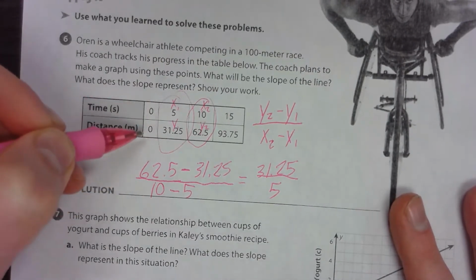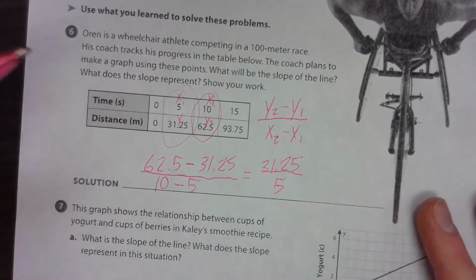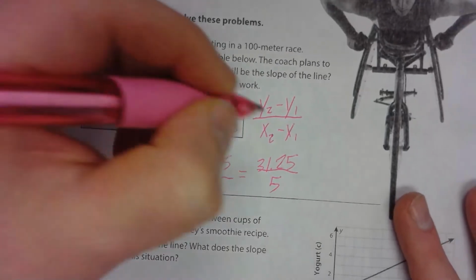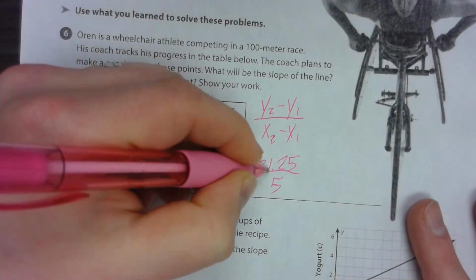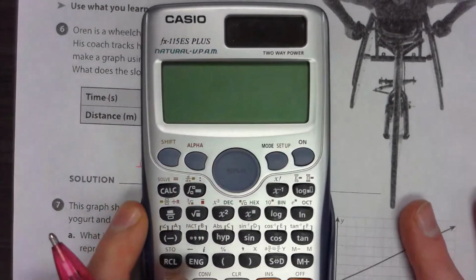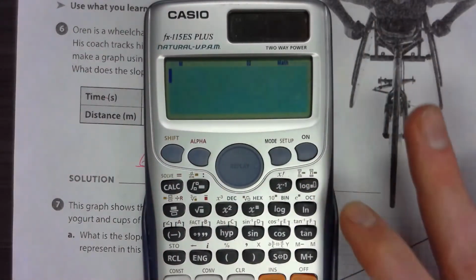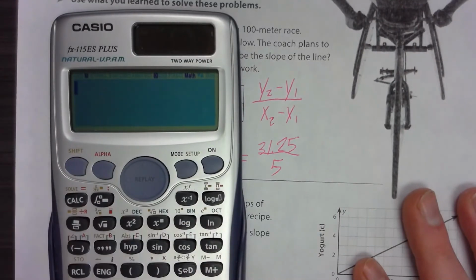He started at 0 seconds for 0 meters here. So what does this mean? He's going 31.25 meters every 5 seconds. I wonder how fast he's going for every 1 second.